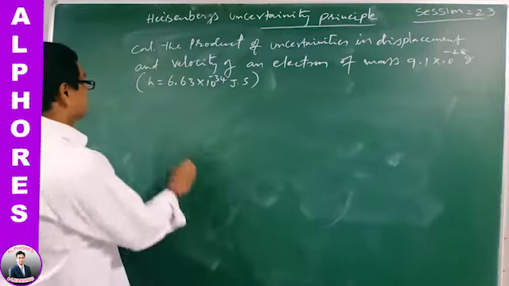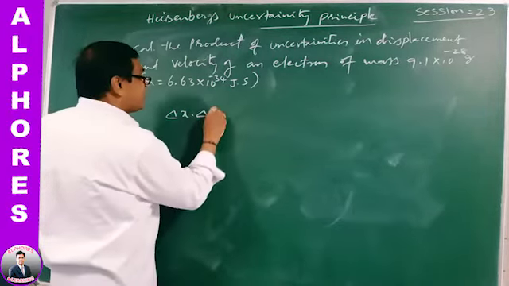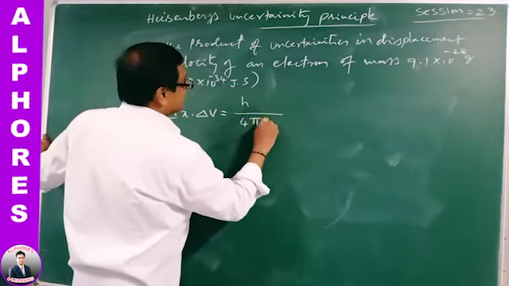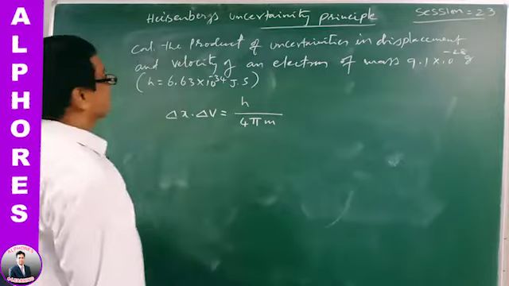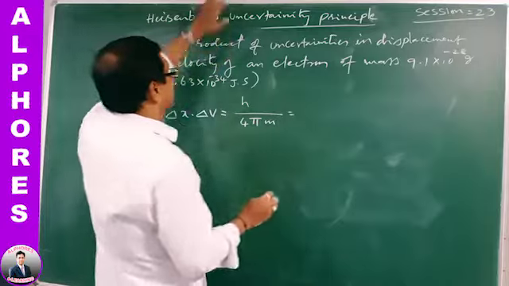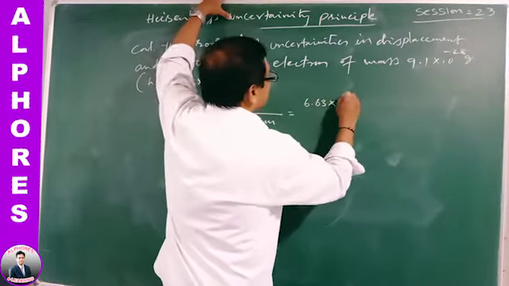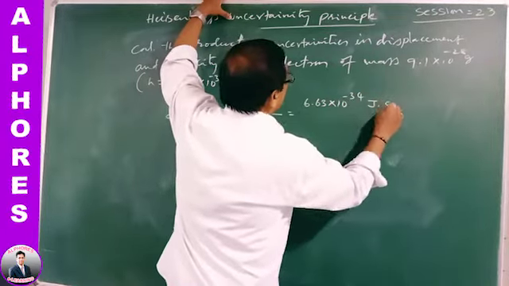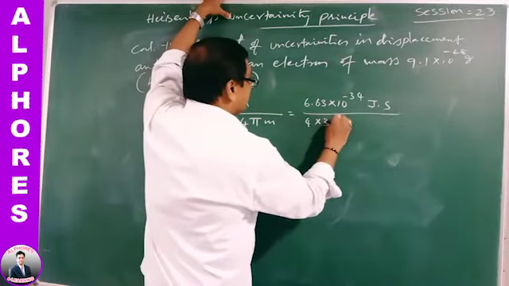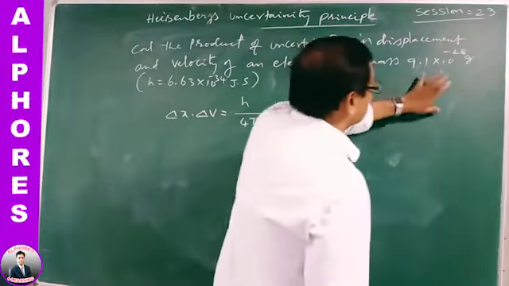Now we have to calculate. The product of delta x into delta v equals h by 4 pi m. Yes, that is the formula for us. That equals Planck's constant, 6.63 into 10 to the power minus 34 joule seconds, by 4 into 3.14 into the mass of the electron, which is given in grams. We should be very careful.